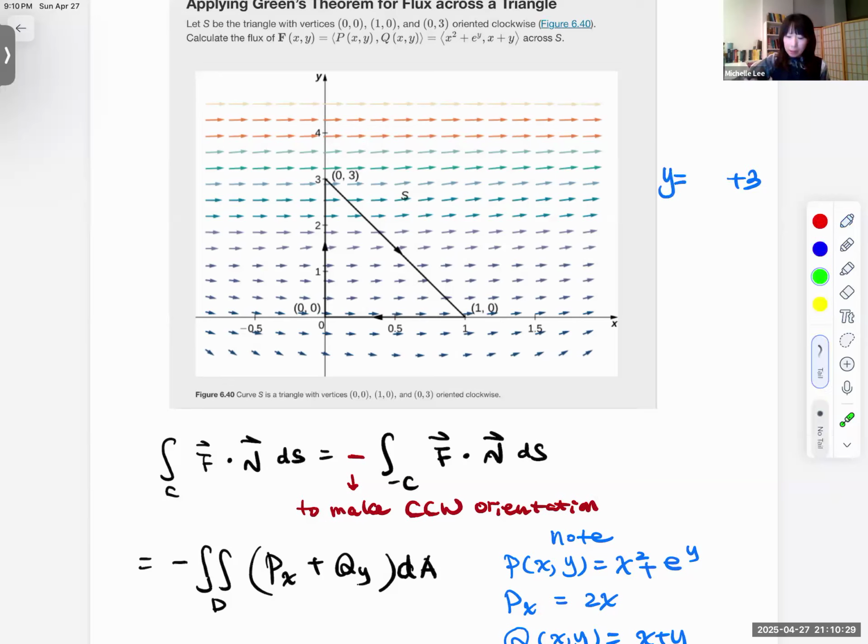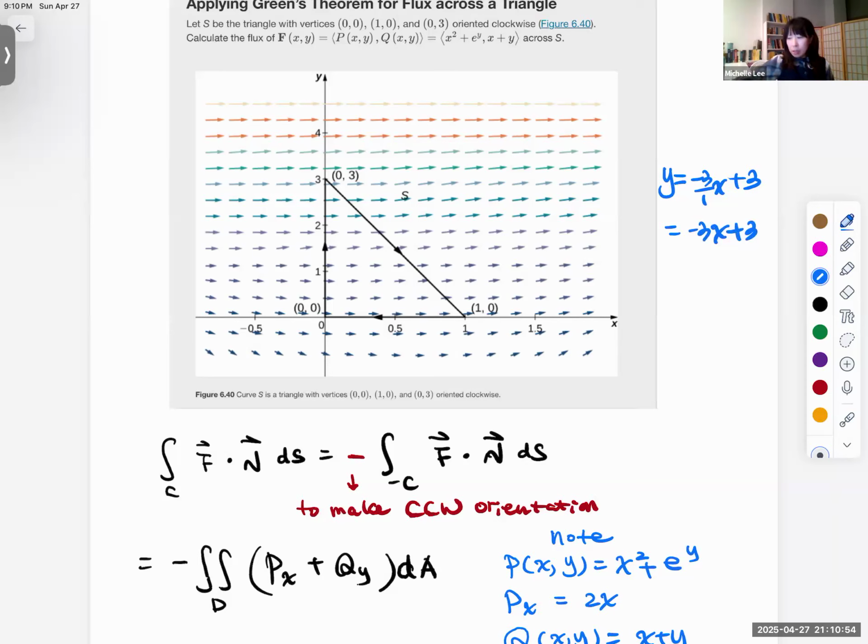From the y-intercept, go down 3 over 1, so the slope is negative 3 over 1, which is negative 3. I can write it down for you.